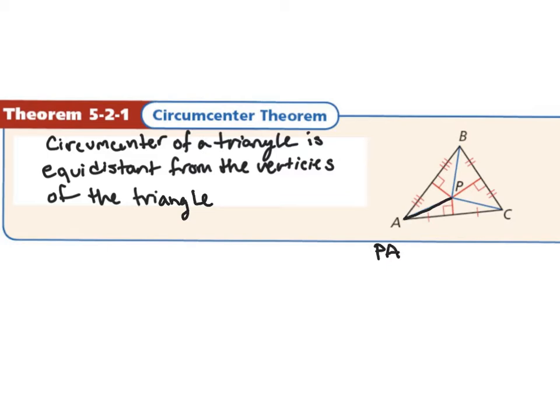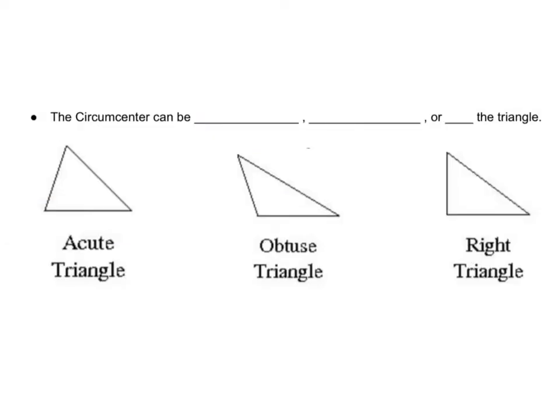We'll start with P for all of them, since P is our circumcenter. And then we also have PC and then PB. So all three of these lines are going to be equal to each other by the circumcenter theorem.